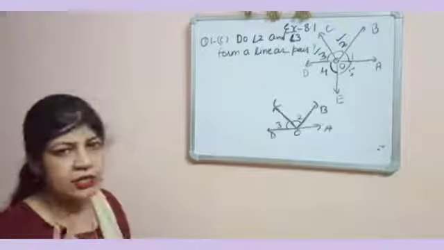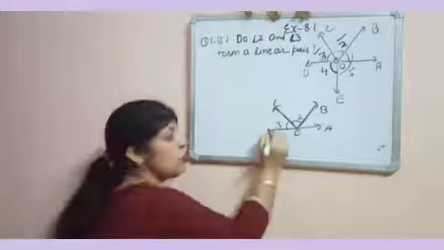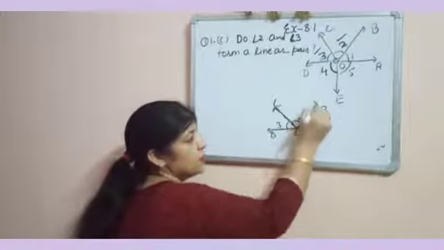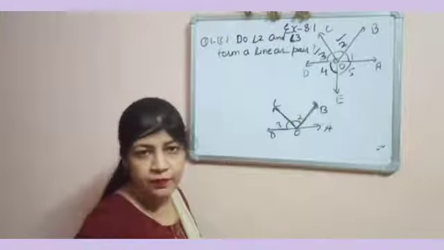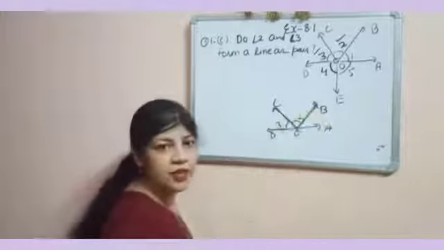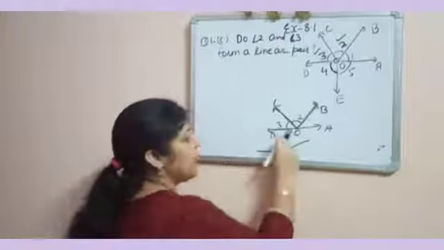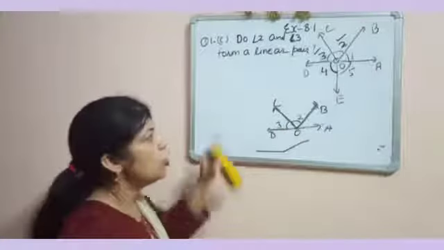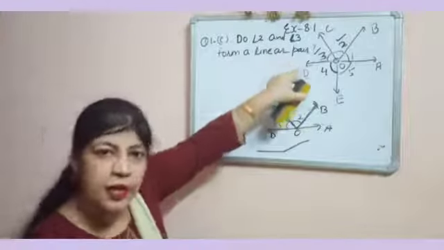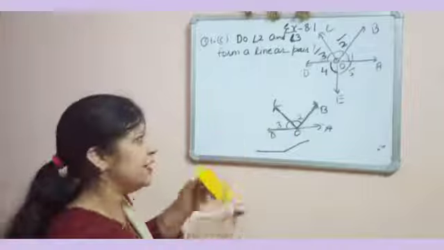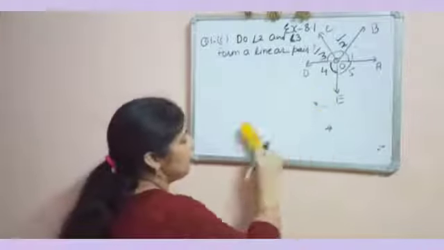They are adjacent. But the non-common arms do not form a line. So that's why angle 2 and 3 do not form a linear pair. Is that clear? So what will you write?